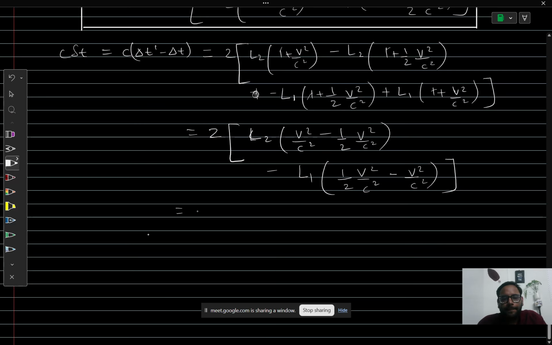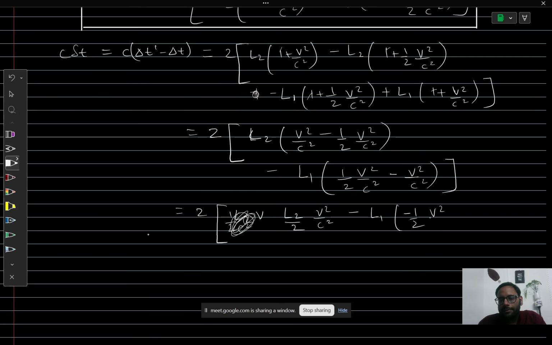Okay, so it is twice of L2, half of v squared by c squared, and L1 minus half of v squared by c squared.